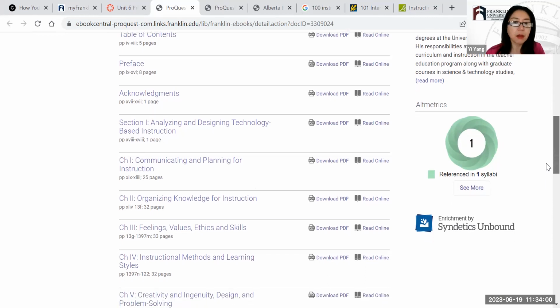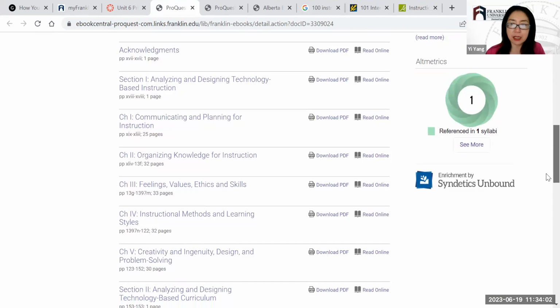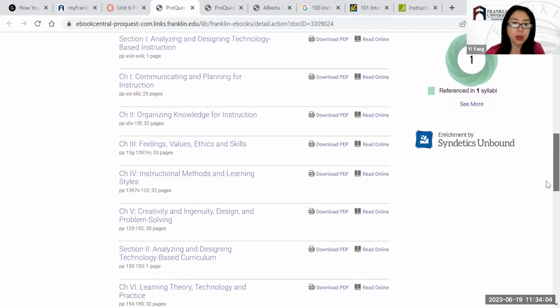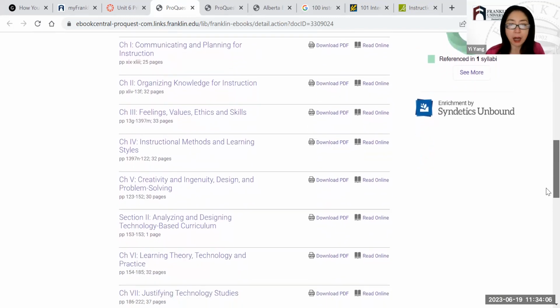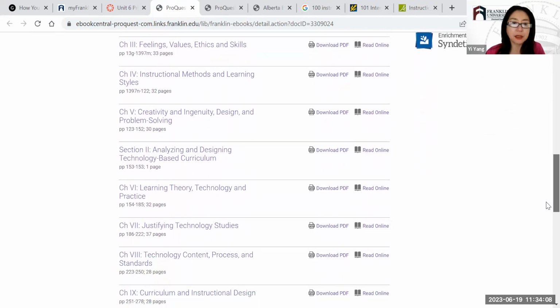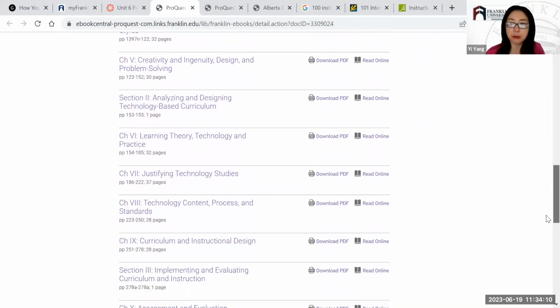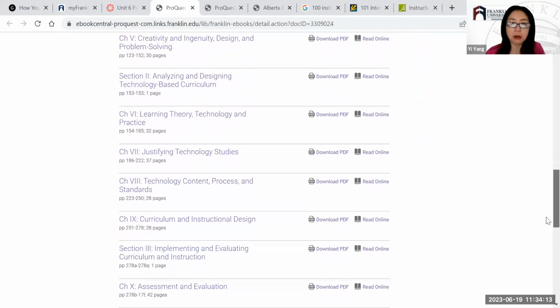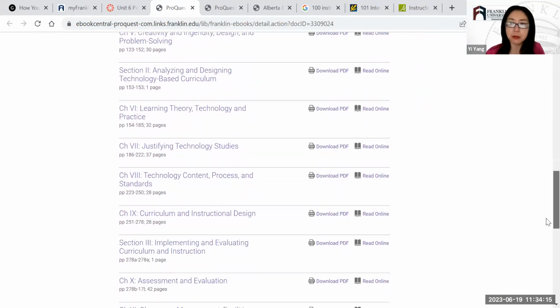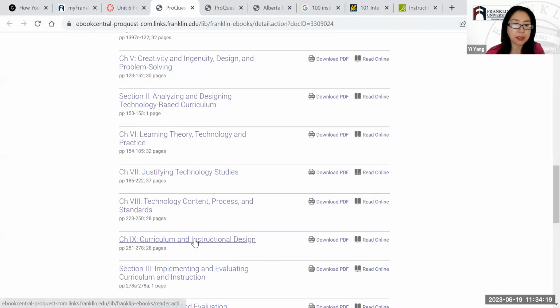Of course, since this is a free ebook for you, you can read it anytime. Some chapters in this book you can use not only for this unit but also for other units. For example, curriculum and instruction design, chapter 10, is definitely a chapter for this unit.